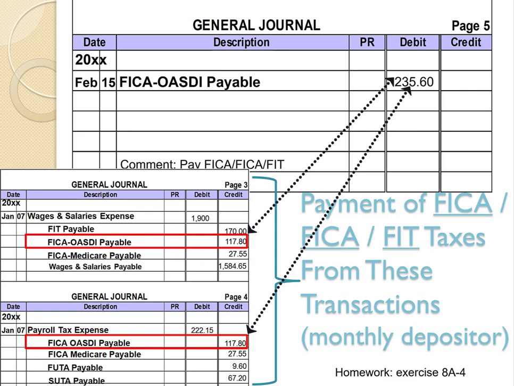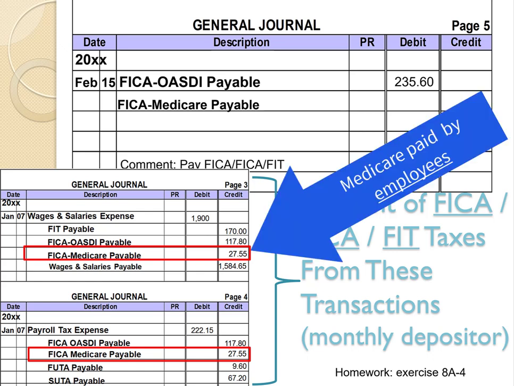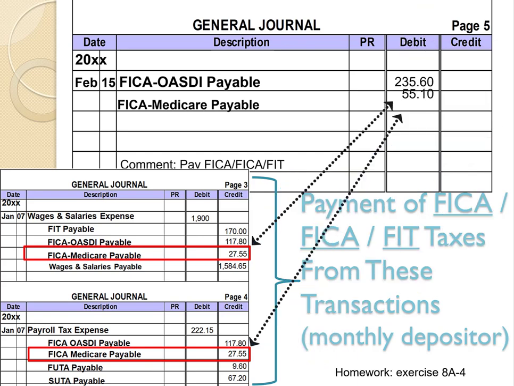So what's the other FICA tax? Medicare. What happens to the payable? It goes down with a debit. So we're going to debit Medicare payable, and how much would you debit it for? 27.55? You have to do double that, 27.55 for the employee and 27.55 for the employer. So that's a total of $55.10.